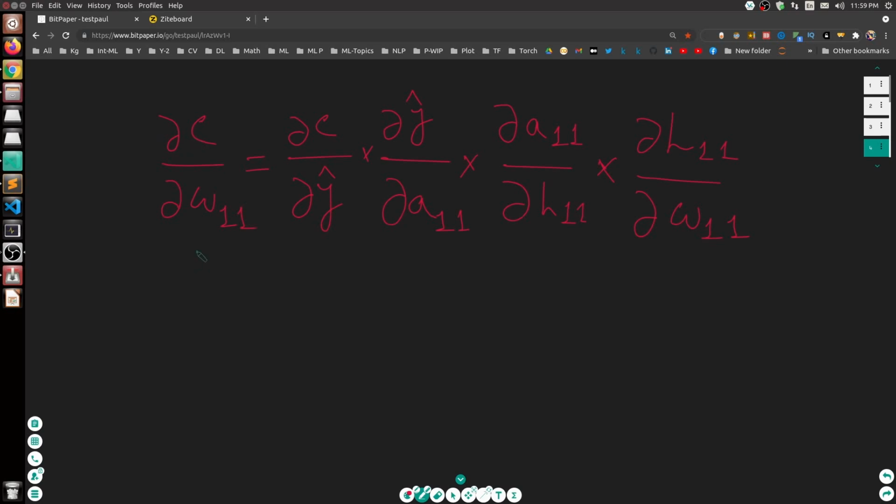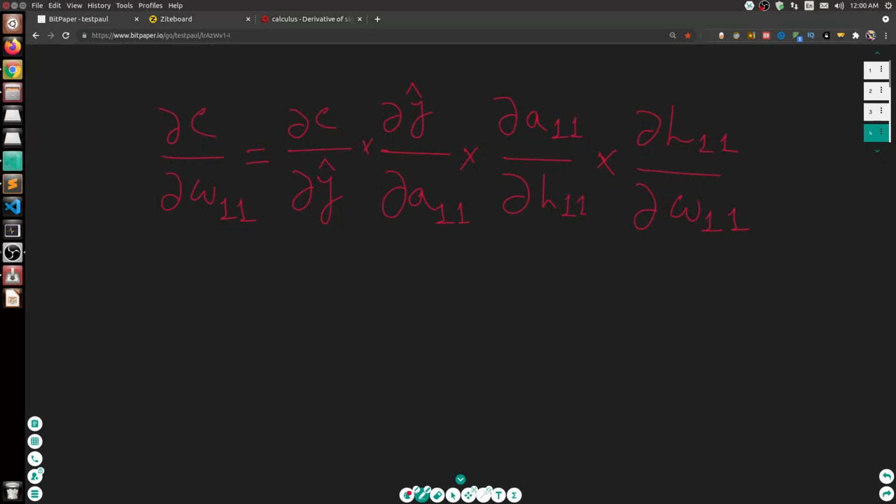Change of the cost function is not directly connected with the change of the weight W11, but with this application of chain rule we can actually connect it by individually calculating the four different components and get what we want. That is, we want the change of loss with respect to change of a single weight.